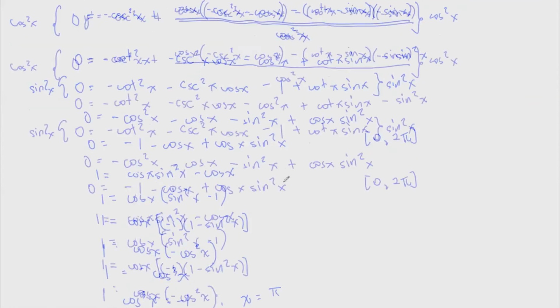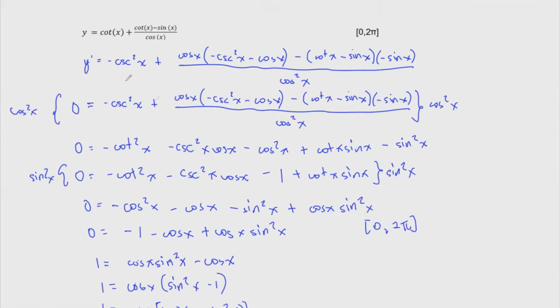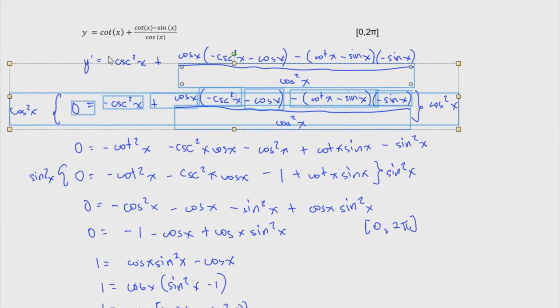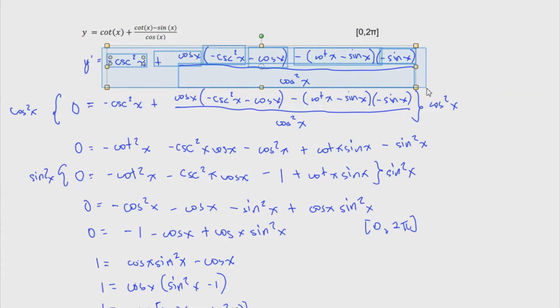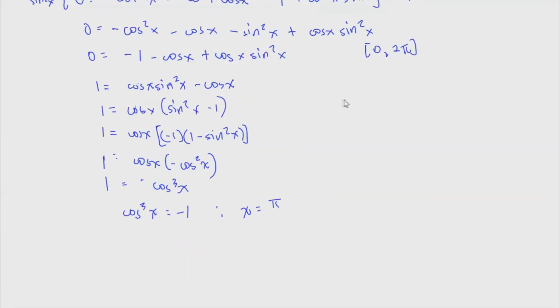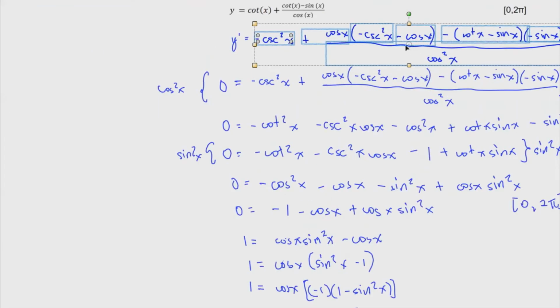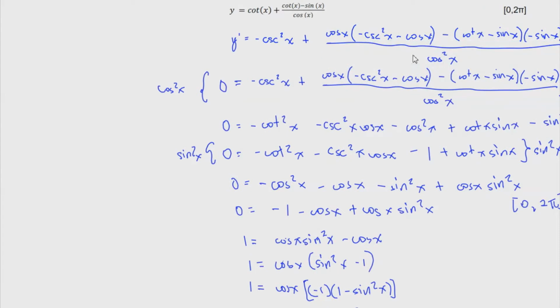But how do we find the other one, which will make this undefined? So we copy again the derivative. So this is the derivative, and then we try to equate this to undefined.